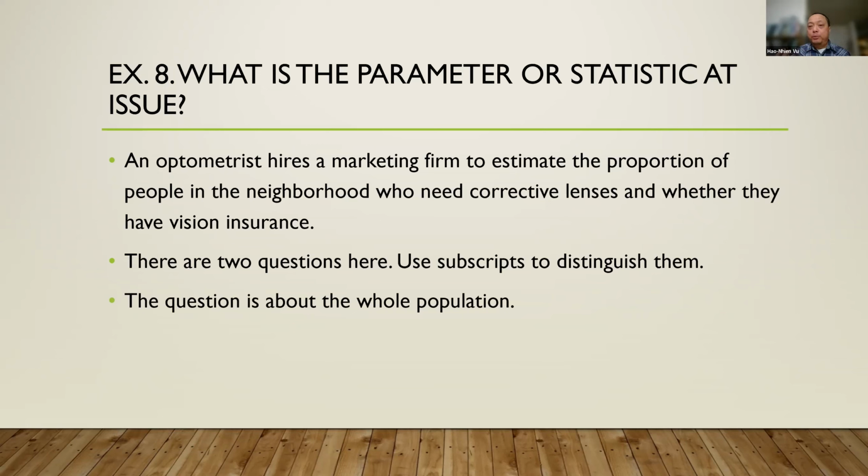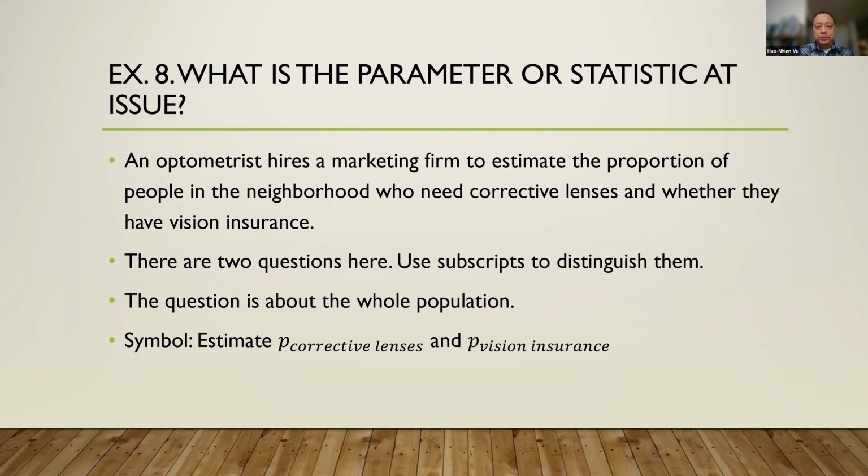The question is about the whole population. We need to use population symbols, and it's about proportions. So you have two proportions, the proportion of people needing corrective lenses and the proportion of people that have vision insurance.